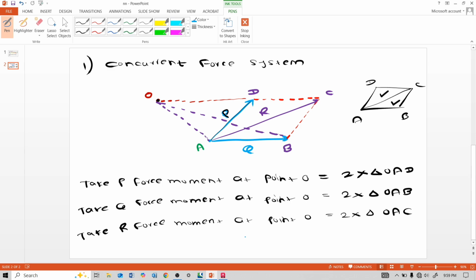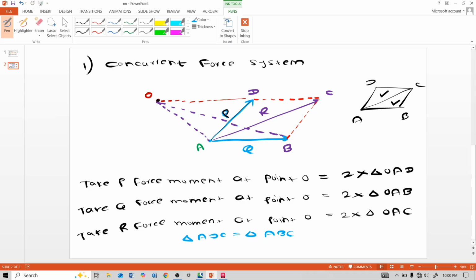So triangle ADC equal to triangle ACB, that is ABC.